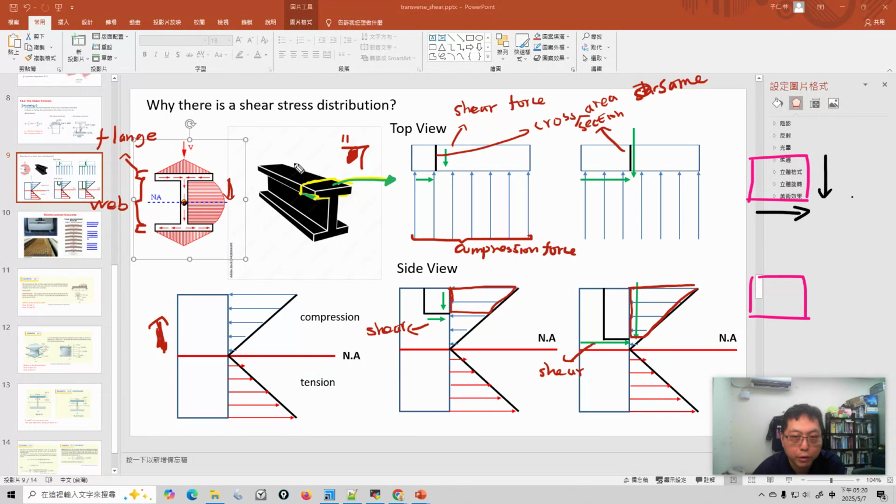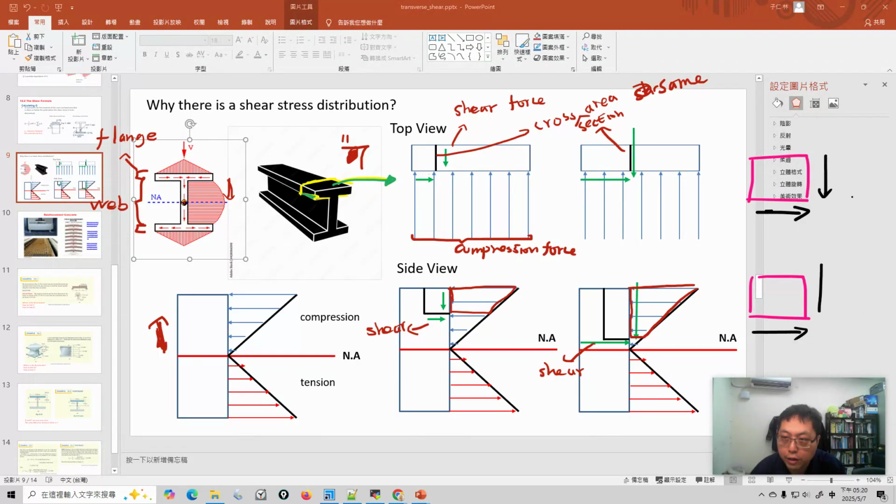Same thing at the web part: we have a shear force here to resist the compression force here, so for the shear force balance, we must have the shear force here.